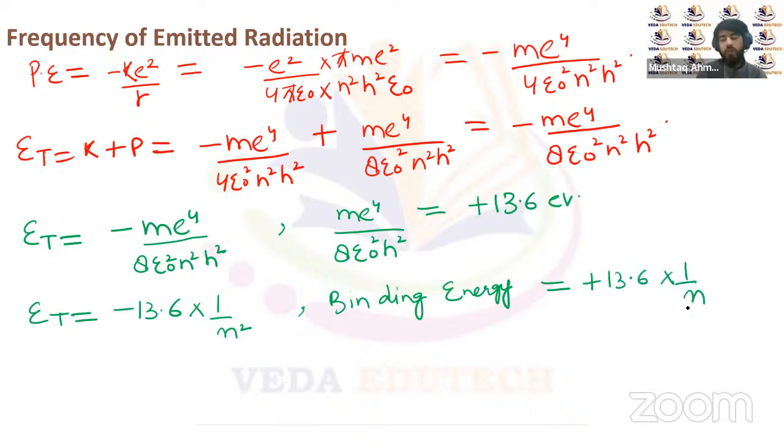So this much energy will be required for an electron to unbind from this atom, or to knock this electron from the atom to infinity, so there will be no influence of this hydrogen atom on this electron. So this energy we call binding energy or ionization energy as well.